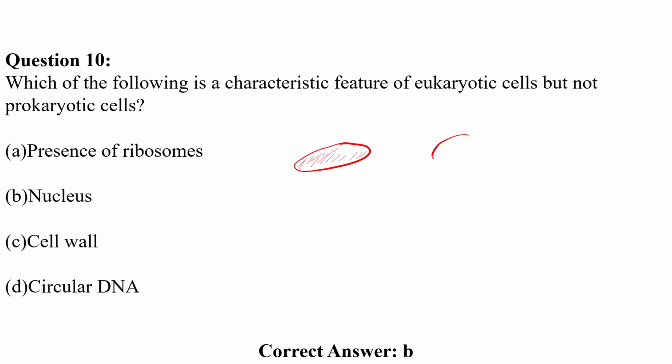Whereas a eukaryotic cell, you can consider it as an apartment where different rooms are present. Different membrane bound organelles are present in the eukaryotic cell. You will have a well-defined nucleus with its own membrane, and inside the nucleus you will have the DNA. So this will be a eukaryotic cell.